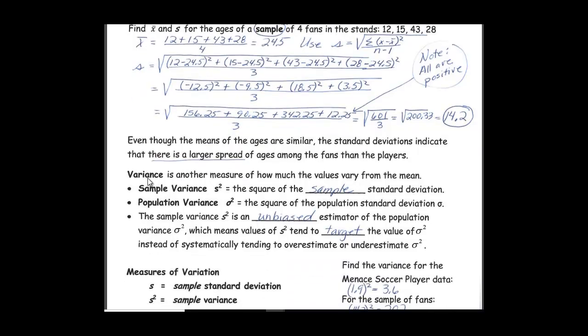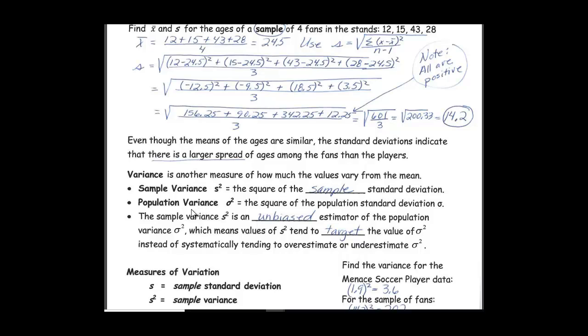Okay, variance is another term and another thing that can be calculated when you're dealing with data sets. Basically, the sample variance is the square of the sample standard deviation. The population variance is the square of the population standard deviation. Typically your population is much, much larger than a sample of that population, and very often it's very cumbersome to calculate the mean and the standard deviation.